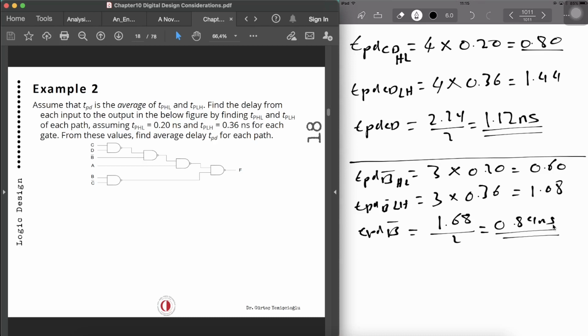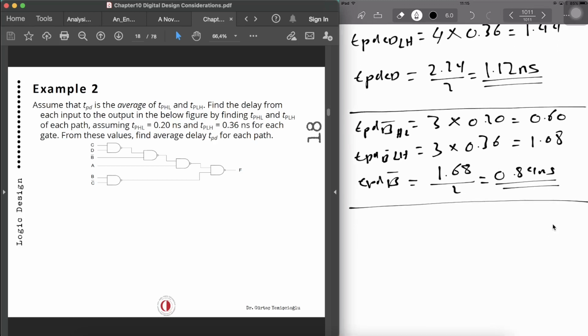So we can repeat the same thing for A. A has got 2 stages, and B, C prime has got 2 stages, so we can calculate those together.